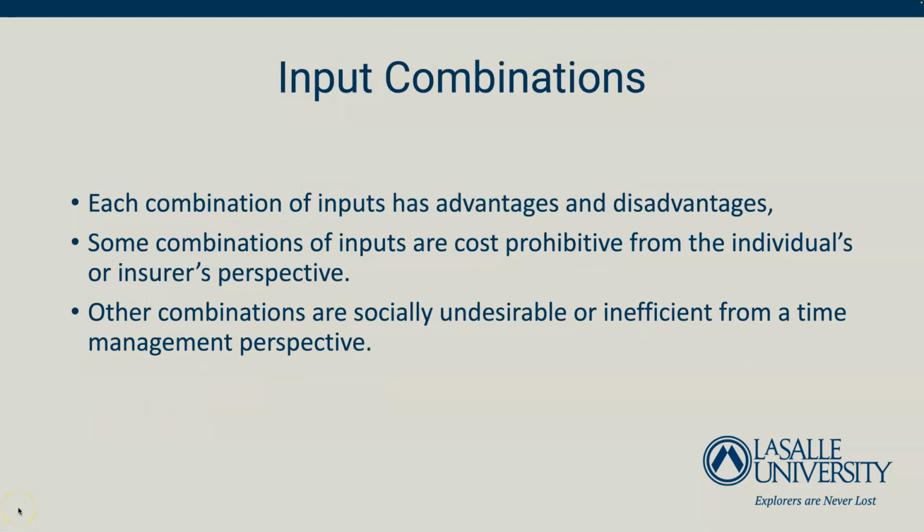As we'll see shortly, each combination of inputs has its advantages and disadvantages. Some combinations of inputs may be cost prohibitive from the individual or insurer's perspective. Another combination might be socially undesirable or inefficient from a time management perspective.